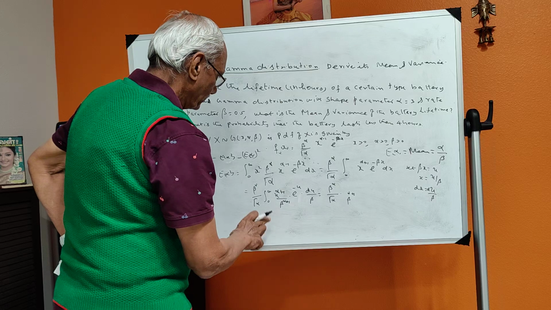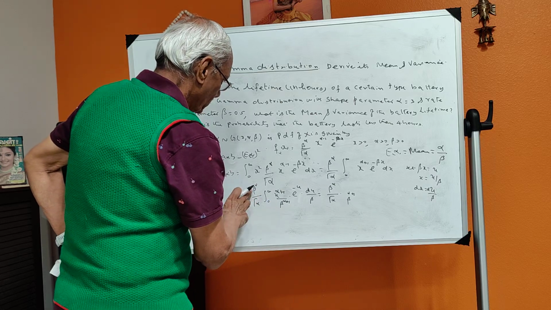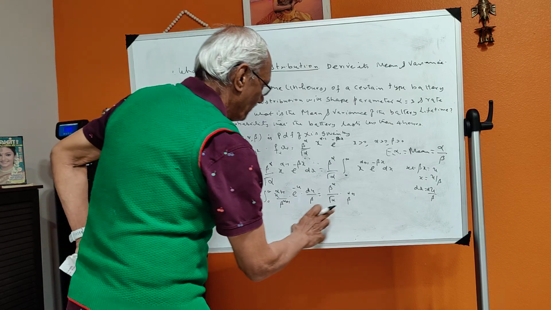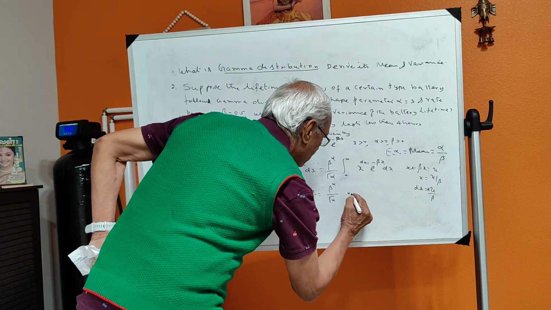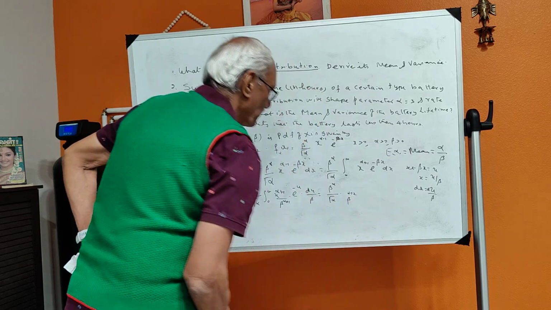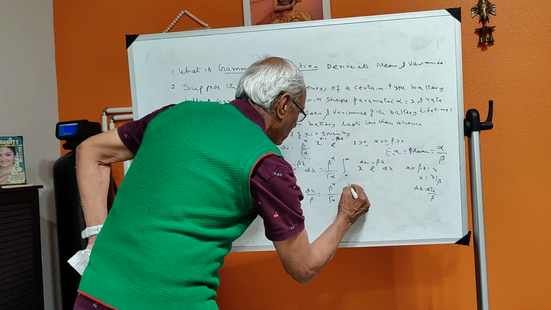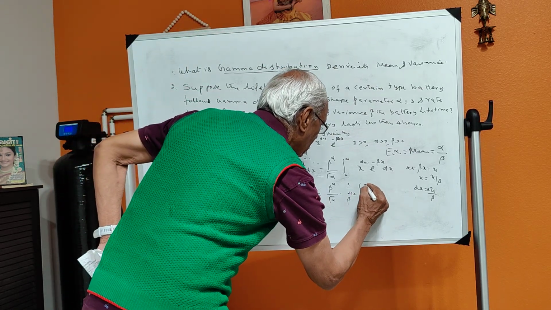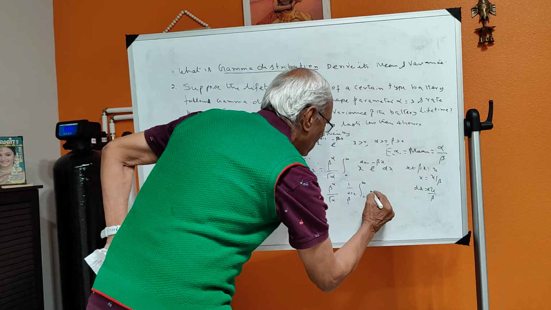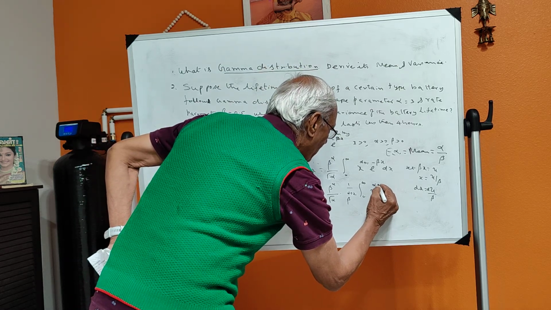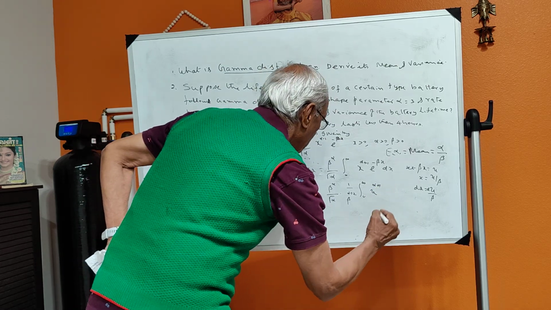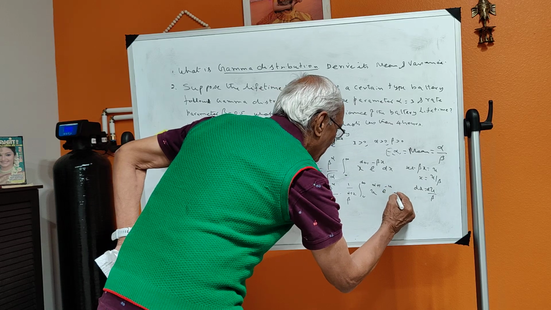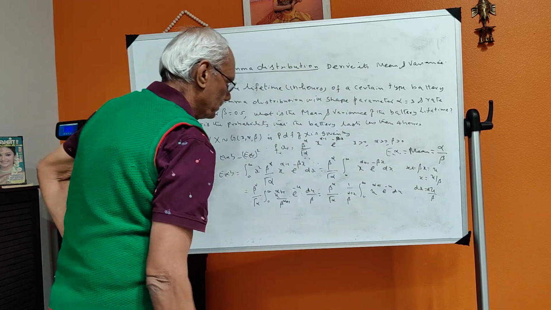Here you get beta to the power of alpha plus 2, into, within brackets, the integral from 0 to infinity of u to the power of alpha plus 1 into e to the power of minus u into du.